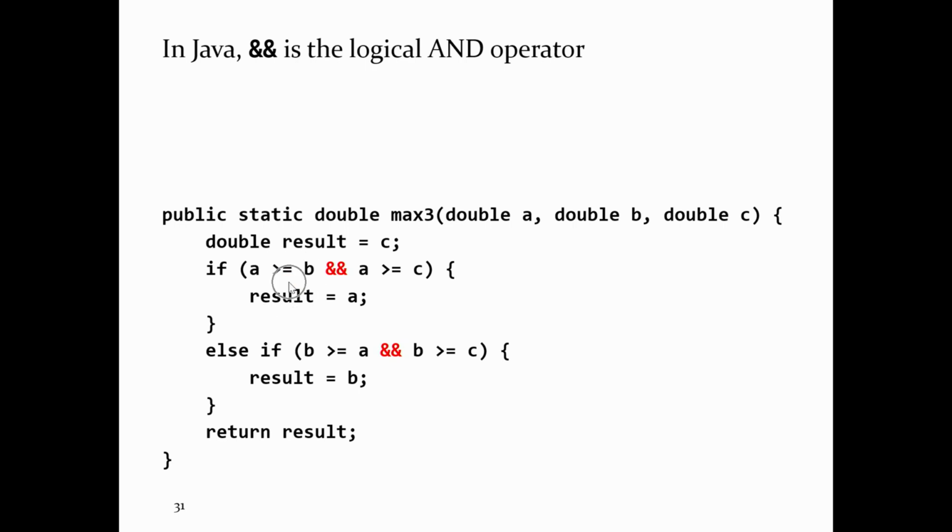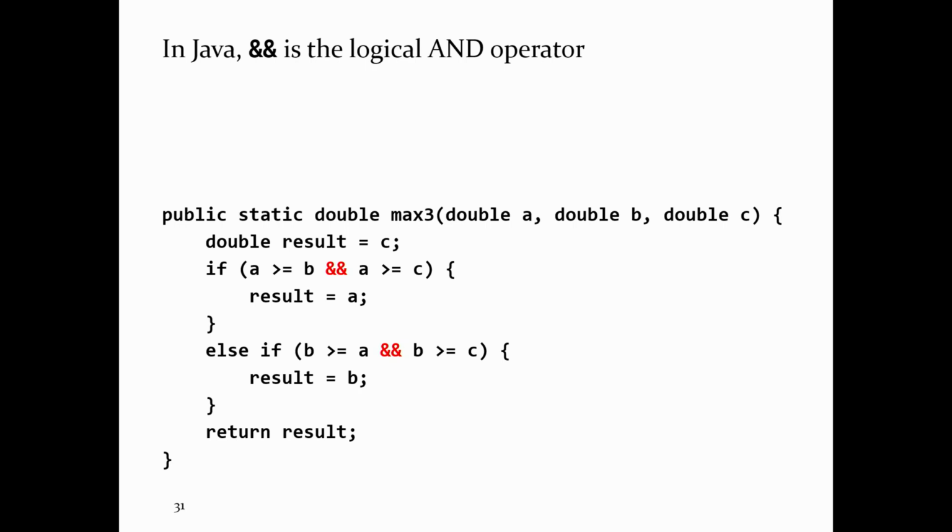But really what the bitwise AND is meant for is combining 2 integer values. So the double ampersand is your logical AND operator. Instead of writing the word AND, you write double ampersand.